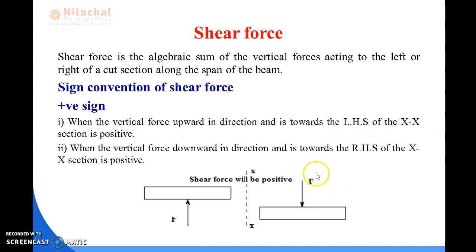Second, when the vertical force is downward in direction and is towards the right hand side of the XX section, it is positive. So when the forces acting on a beam look like this, you take the shear force as positive.